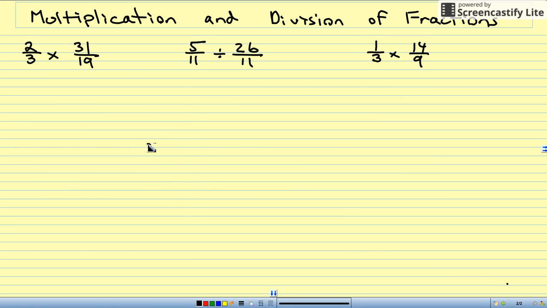Multiplication and division of fractions. Multiplication and division, those are pretty simple. What you do with multiplication is you're going to straight multiply across. So an easy one would be, and I'm going to change this for multiplication. I want this to be a division. This looks like it would be better.